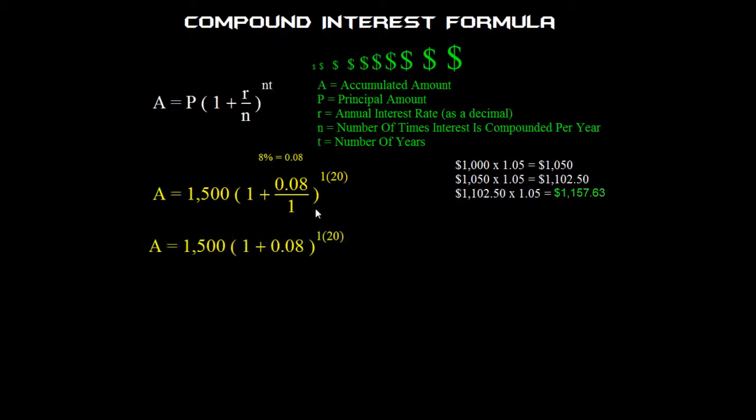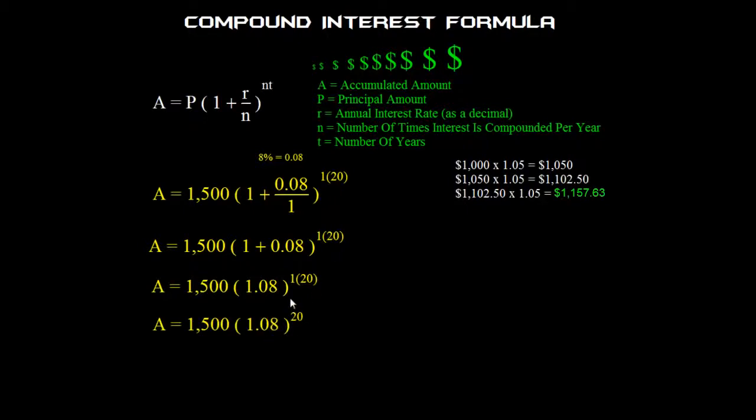Following our order of operations, I'm solving inside parentheses first, and we know that any number divided by 1 just gives us that same number again. So here we did 0.08 divided by 1, giving us 0.08. Our next step was to add our 1 to our 0.08, giving us 1.08.